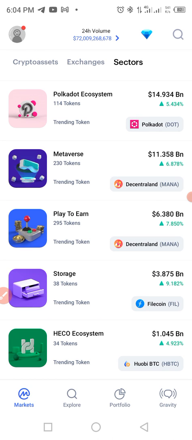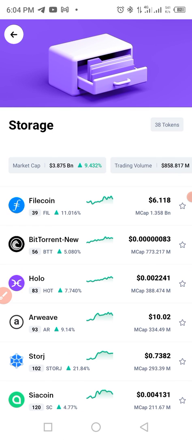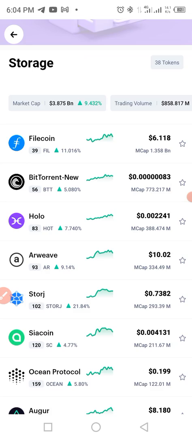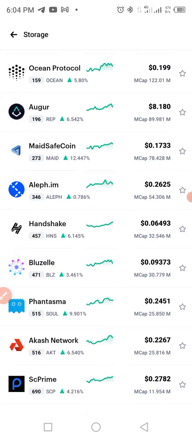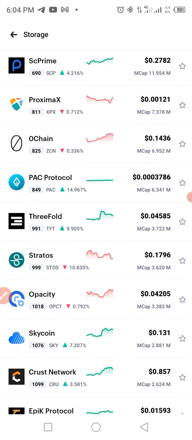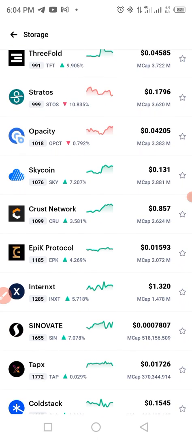Then we have storage, cryptocurrency that you may feel can be used as a form of storage. These cryptocurrency assets come about with the mindset of storage.